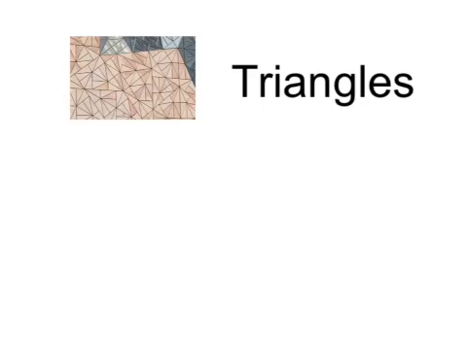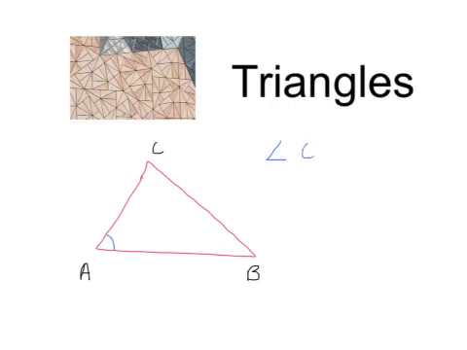So we use the same sort of technique that we use for naming angles, in that we have a triangle and we label the corners or the vertices with capital letters, like that. Now if I wanted to talk to you about naming this angle, I would call that angle CAB.